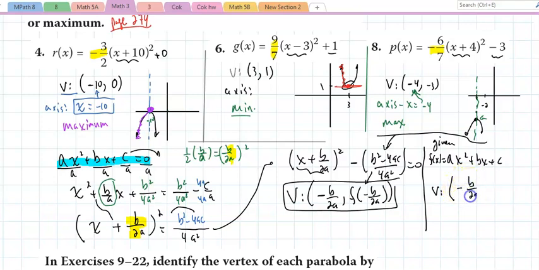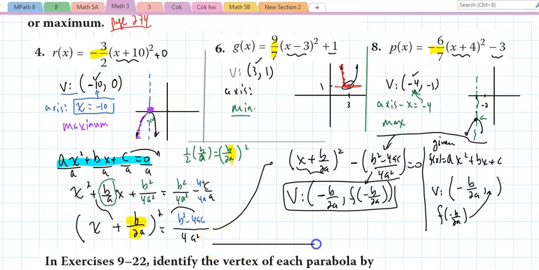That's negative b over 2a. That would be number 10 in the first problem, number 3 in the second problem, and negative 4 in the third problem. And if I substitute that in and figure out what that value is, that would be the y value, and that's how I can find the vertex.